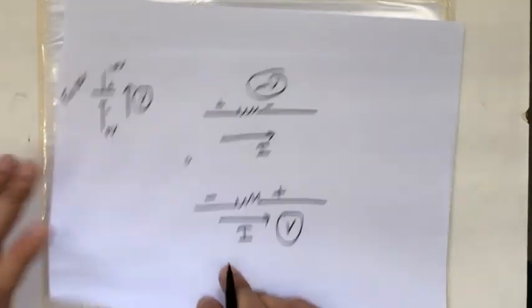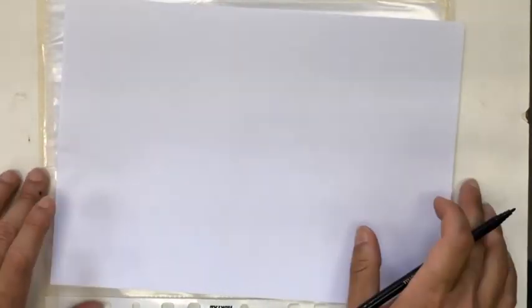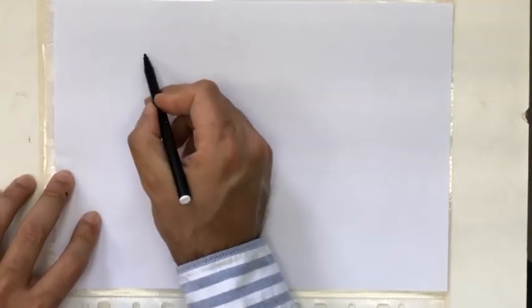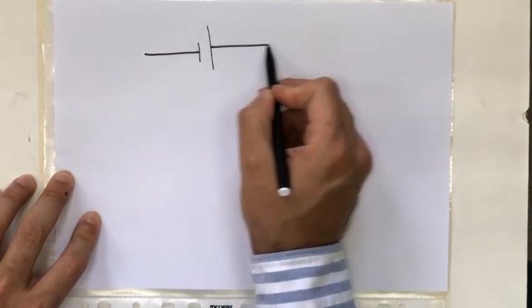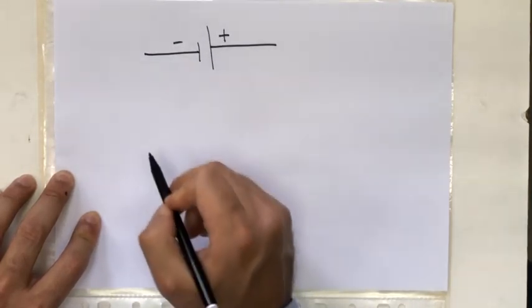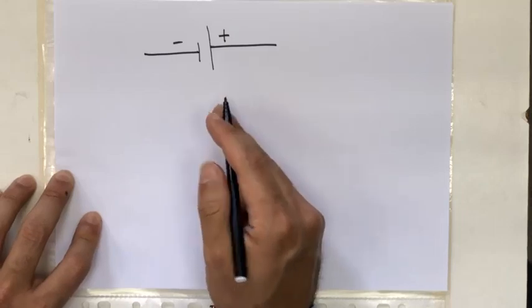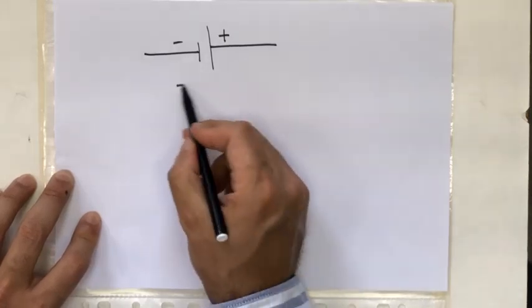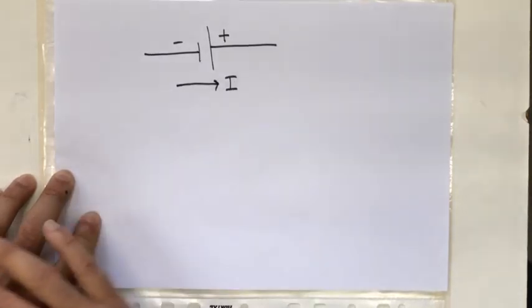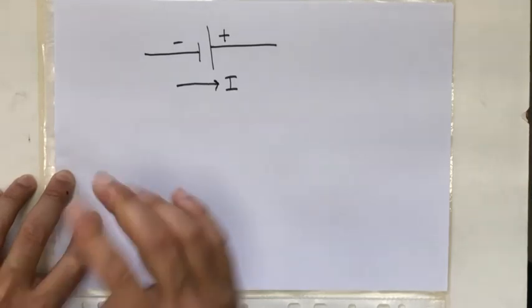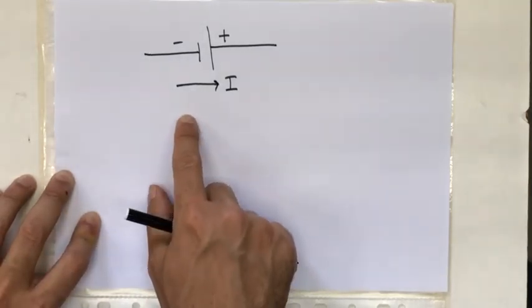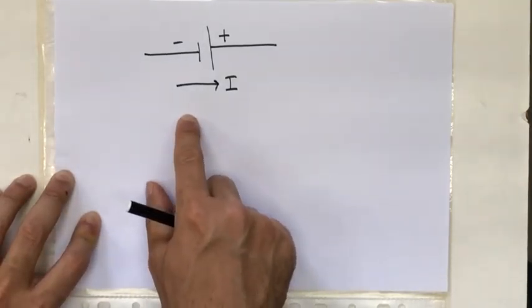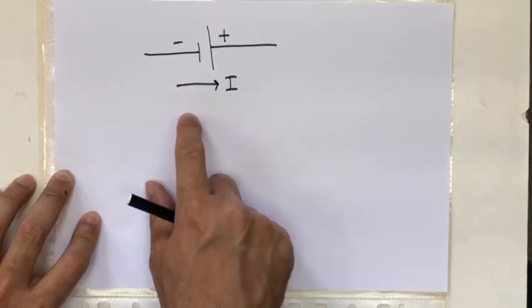Now, let's talk about batteries. If we have a battery drawn in this way and there is a current flowing in this direction, is this battery increasing the energy of the charges or decreasing it? The answer, as you guess, is that it is increasing the energy of the charges.